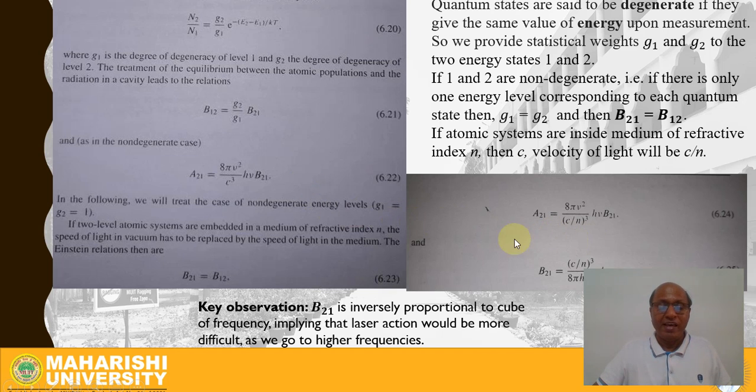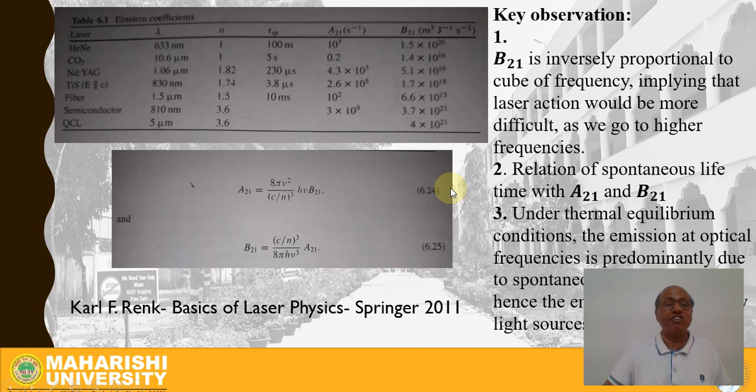Now, there are two or three critical observations which we'll try to discuss. First, you can see from this equation that B21 is inversely proportional to the cube of frequency. What does it mean?